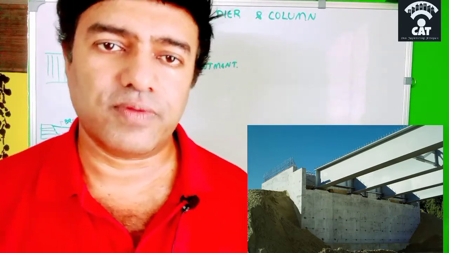The area where a bridge starts and the area where the bridge ends, in those two areas we make abutments. So what exactly is an abutment?